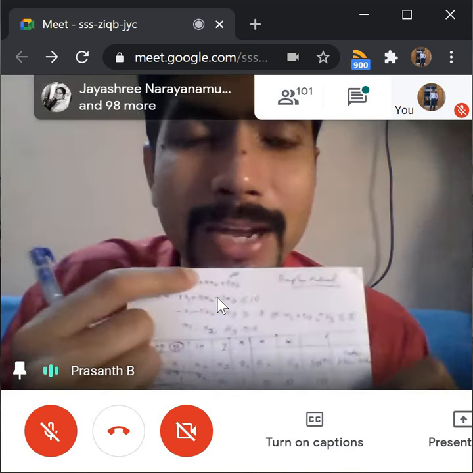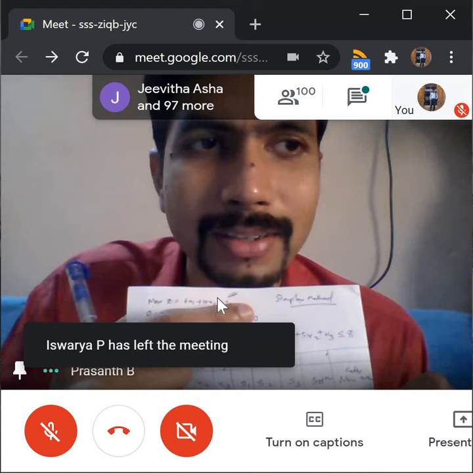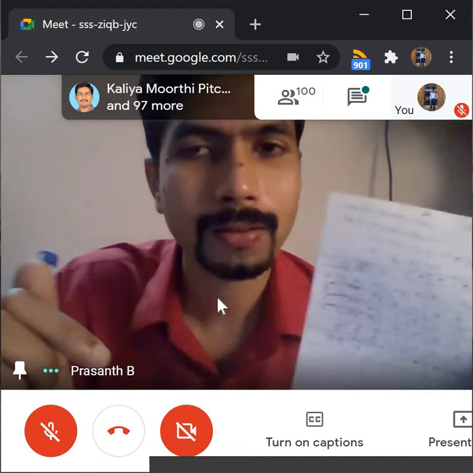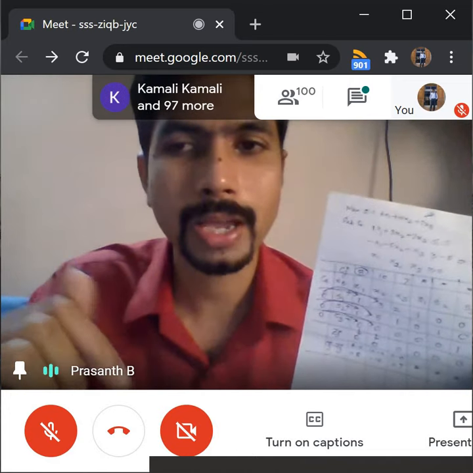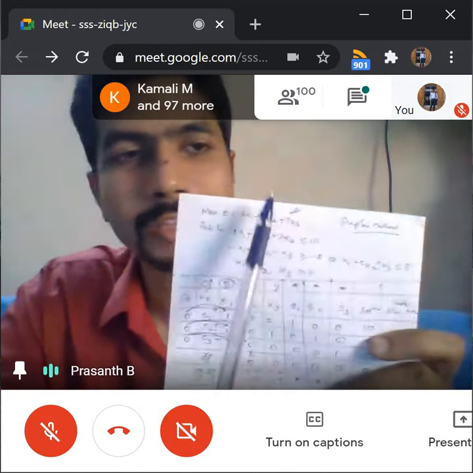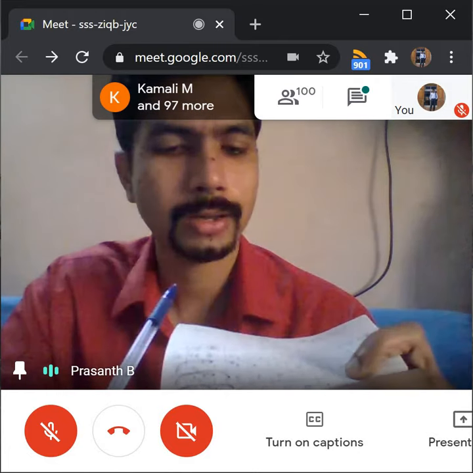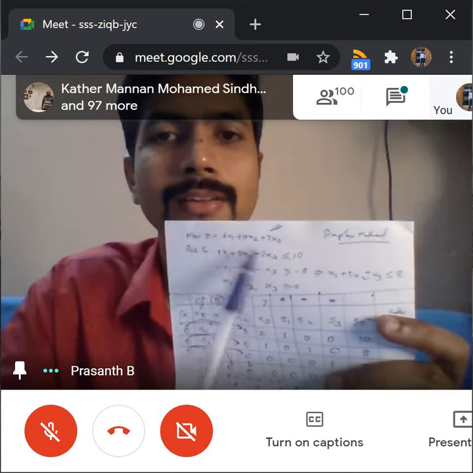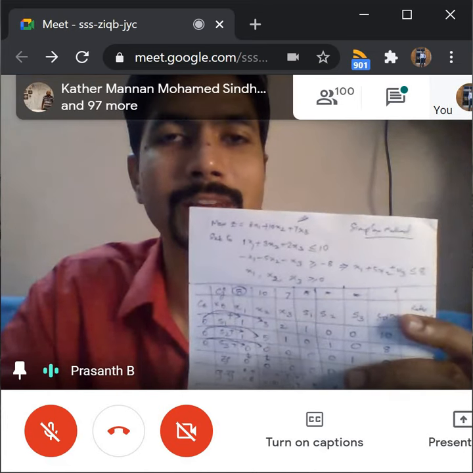Three variables, X1, X2, X3. That is the maximize equation. So those are the coefficients. Can you see here? That is your 10, 8, and 7. That is what I have put as the Cj value on the top.